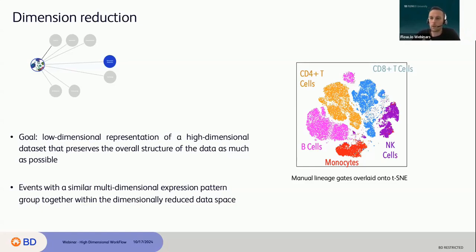Compared to that, Peacock and FlowCut work on compensated data and even on transformed data. So make sure that your data is well compensated and make sure that your visualization is good, especially for Peacock. After that, it's just a different method.